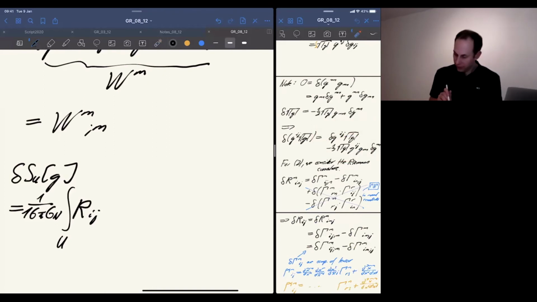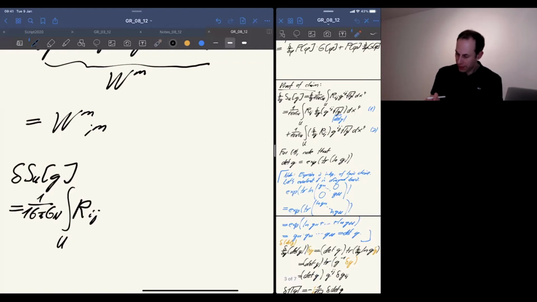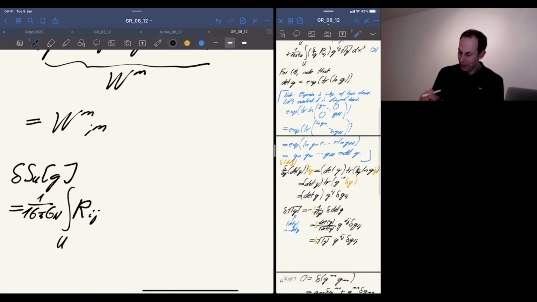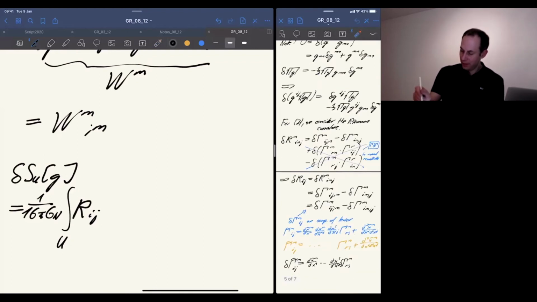So let's just write it down. I first have to copy this expression into the integral, which gives the following.